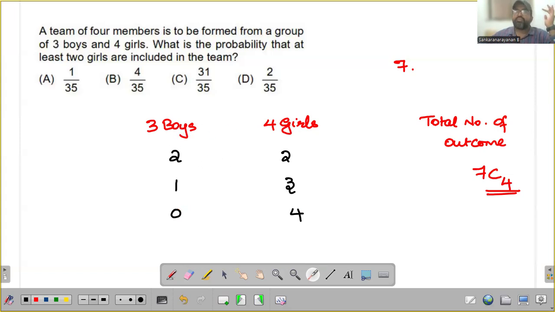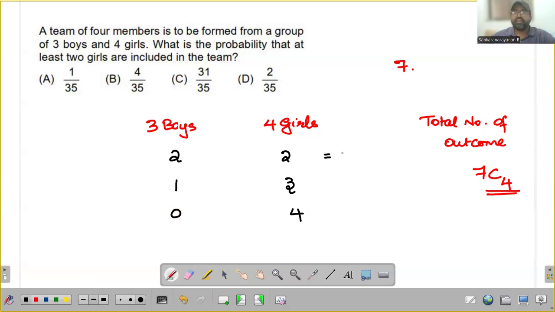So from 4 girls, you select 2 girls, from 3 boys, you select 2 boys. Or from 4 girls, you select 3, from 3 boys, you select 1. Or from 4 girls, you select all 4 and none of the boys are selected. So let us consider the possibilities here.